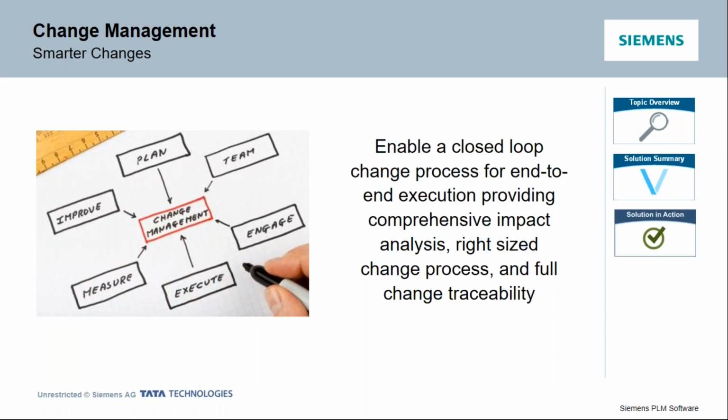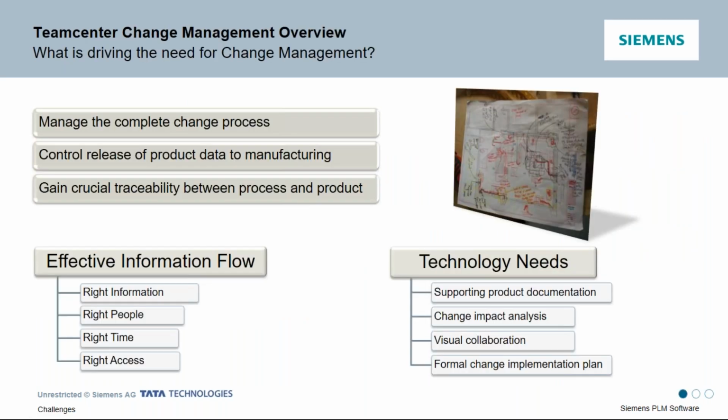Now let's see the Teamcenter solution to support this closed loop change process. Any effective change management solution needs to support two broad things, right? One is the effective information flow, meaning the right information needs to reach the right people at the right time with the right level of access. Now that can be addressed with the workflow we already saw, right?